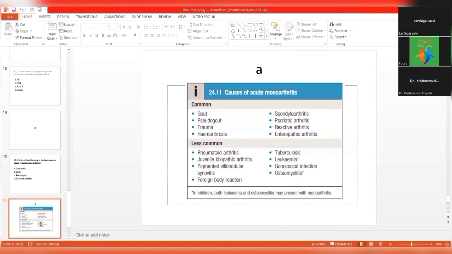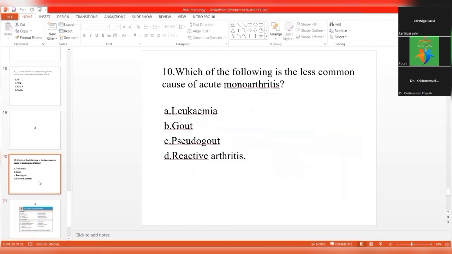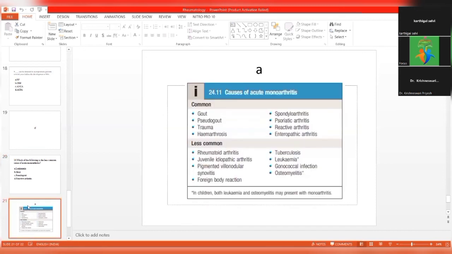Gout, pseudogout, trauma, hemarthrosis, spondyloarthritis, psoriatic arthritis, reactive arthritis, enteropathic arthritis: these are the common causes of acute monoarthritis. So in the last question, everything is there: gout, pseudogout, reactive arthritis, and leukemia is the only odd one, so the answer is leukemia. Understand? So we have covered the first symptomatology of rheumatology in Davidson, that is acute monoarthritis.